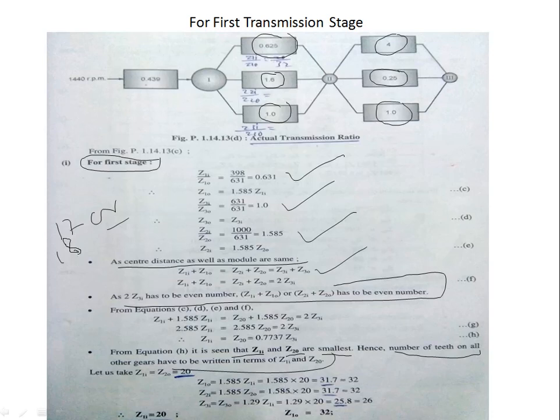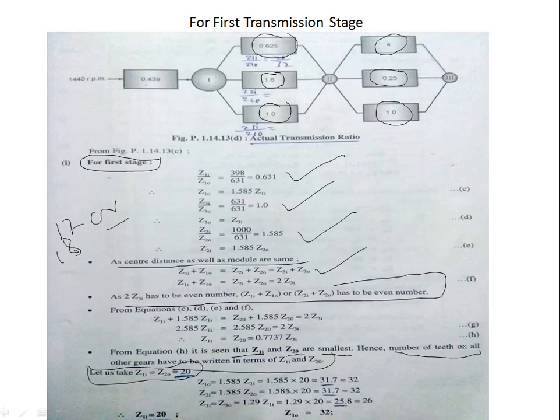The minimum number of teeth may be 17, 18, or in some books it is given in the numerical also. Take the pinion's minimum number of teeth as 20. In this numerical, the minimum number of teeth is given as 20. So Z1 input is equal to Z2 output is equal to 20.